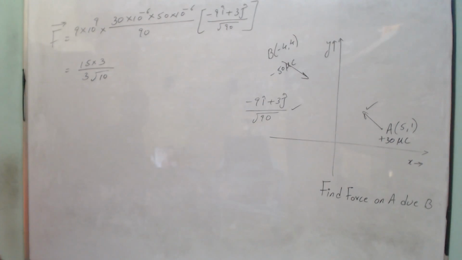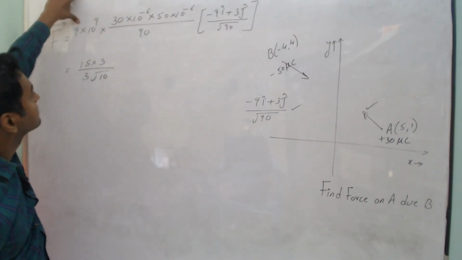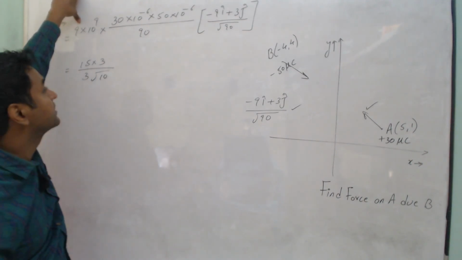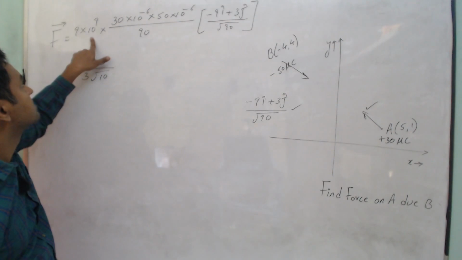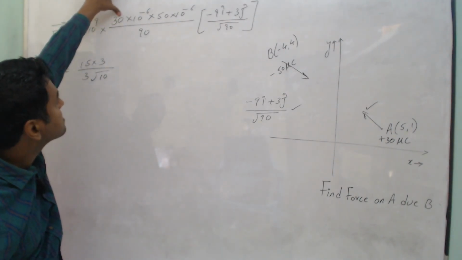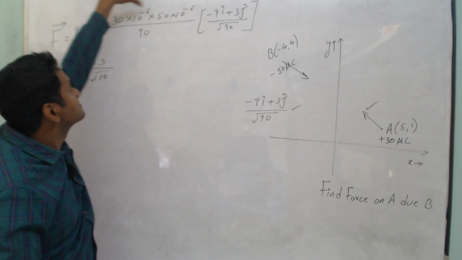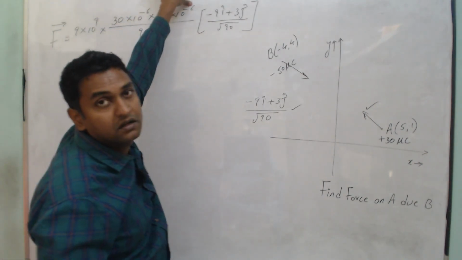So take a look. I am writing the 10 powers. 10 power 9, this is 10 power 4, 4, 5, -1.